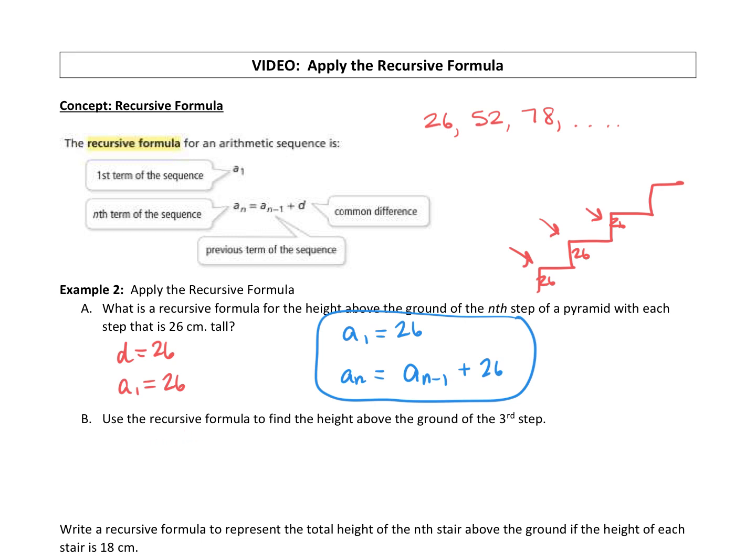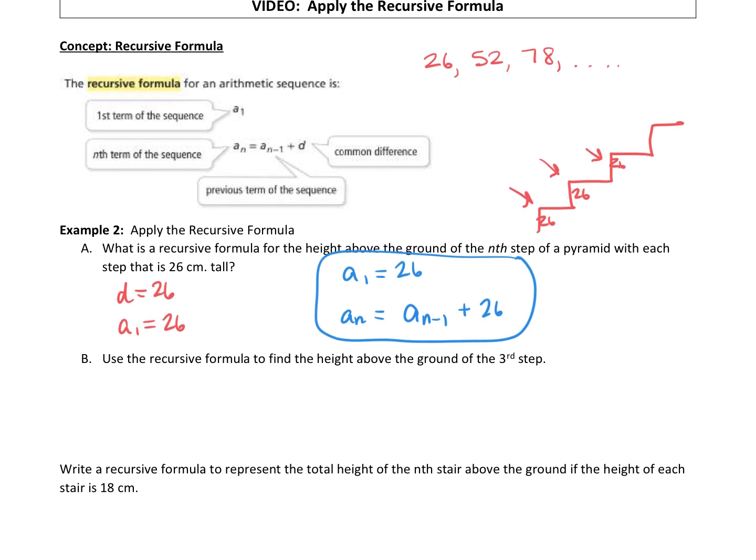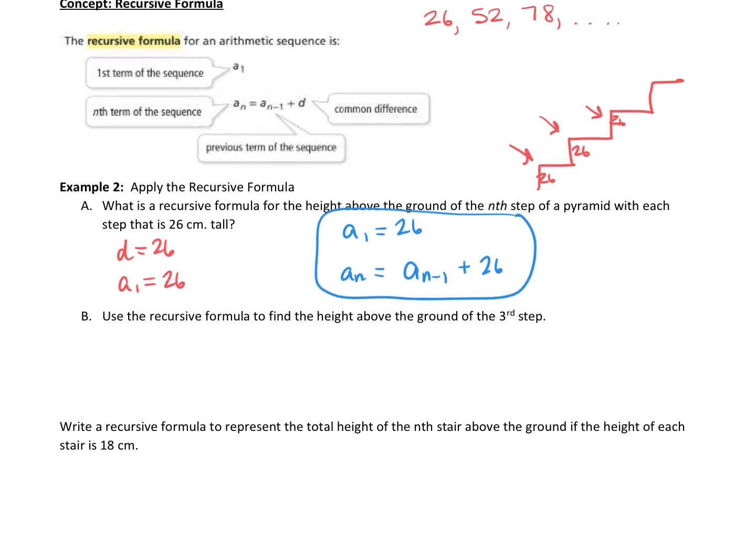All right, let's use our recursive formula that we came up with here to find the height above the ground of the third step. Well, we started to write out the sequence up here, so I know that it's going to be 78, but let's just understand how to use our recursive formula to get that same answer of 78. So to use a recursive formula, you start out and say, all right, the first term is 26.